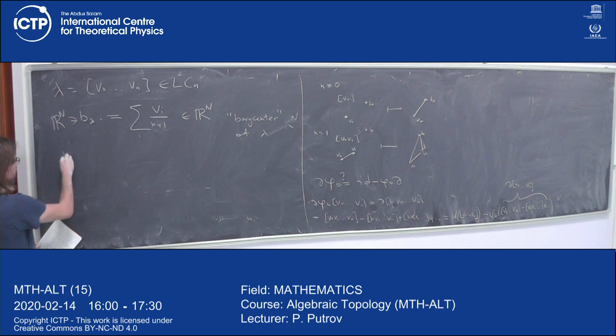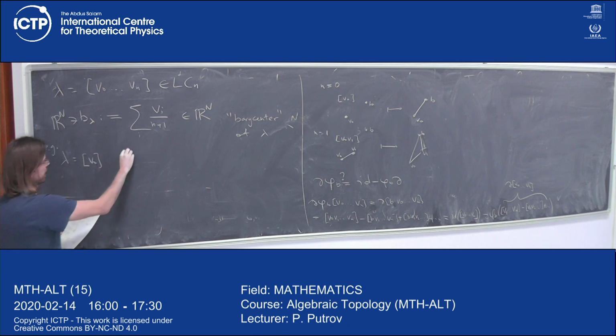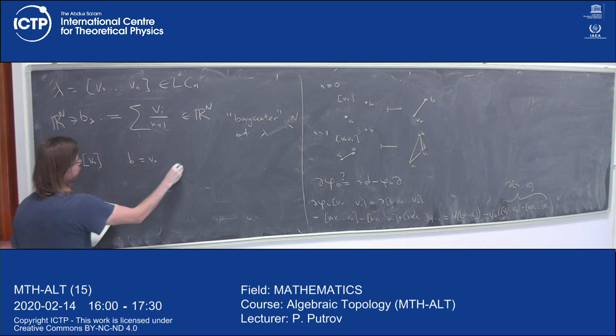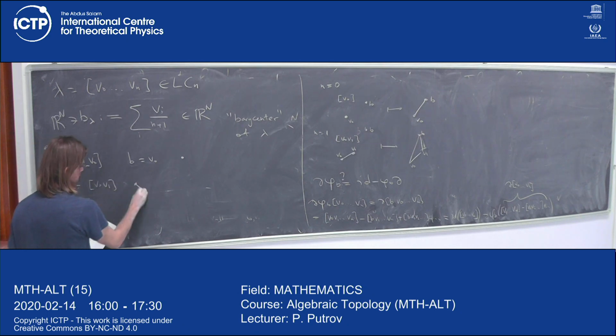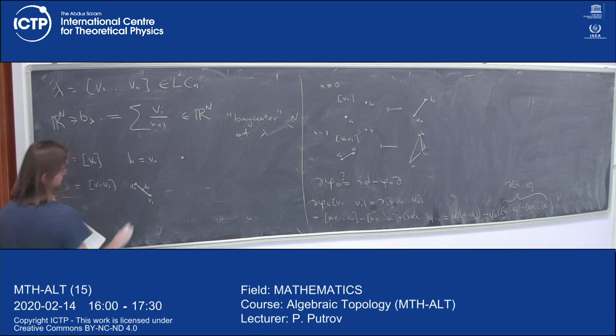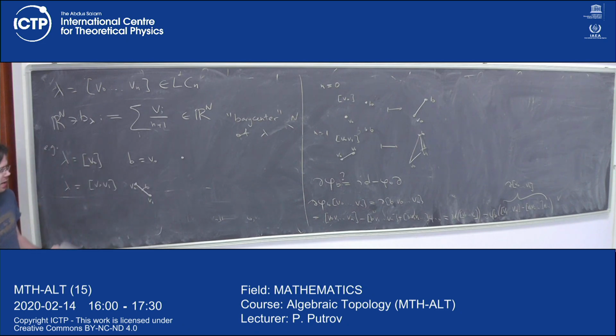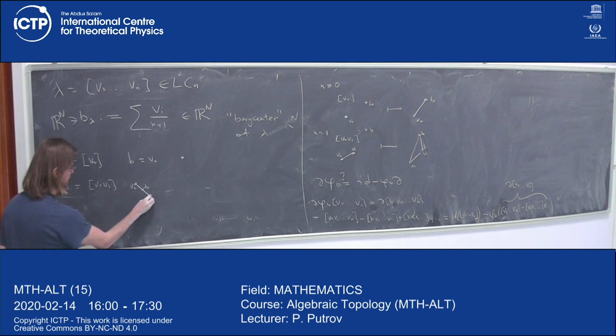So how does it look? If lambda is just a single point, then the barycenter is the same point. If lambda is a pair of points V0, V1, then B is just the middle of this interval.